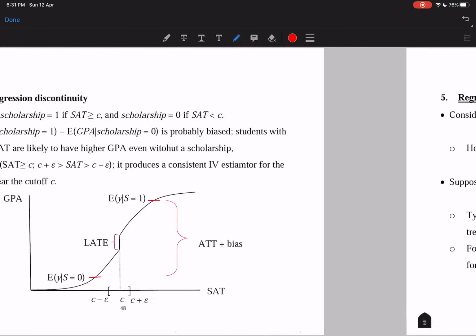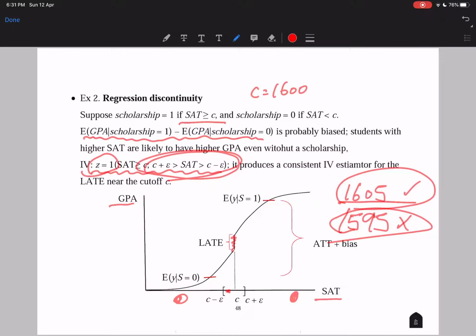Let's look at here. We hope that there's no discontinuity, but here we actually see there's some discontinuity. We hope that in terms of student characteristics, such as the proportion of gender, there's just no discontinuity.